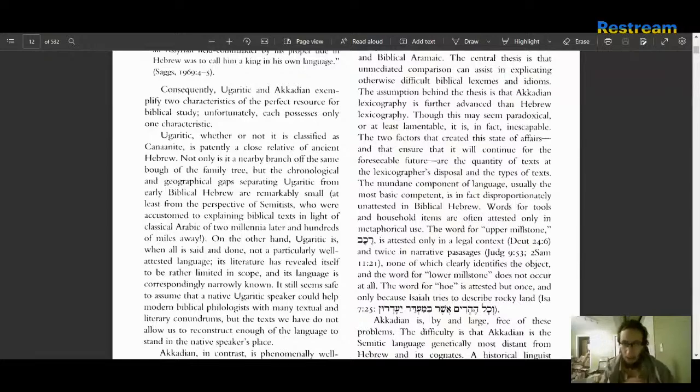Whereas in Akkadian, we have a large variety of texts from different points of history and all different types of categories of writings. So Akkadian provides us with a more complete picture of the language of Akkadian than Hebrew does with the Bible.